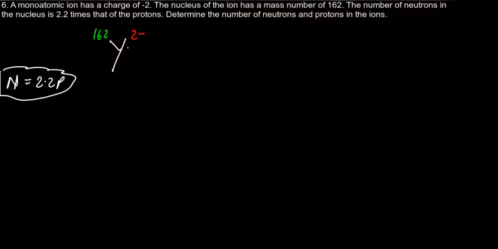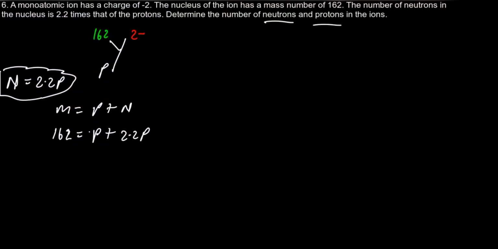Keep it somewhere. Now, observe. We are asked to find the number of neutrons and protons in the ion. We don't know the protons. I write it as P. And we all know this formula that mass number equals proton plus neutron. The mass number is 162, the number of protons I don't know, and the number of neutrons is 2.2 times the number of protons.